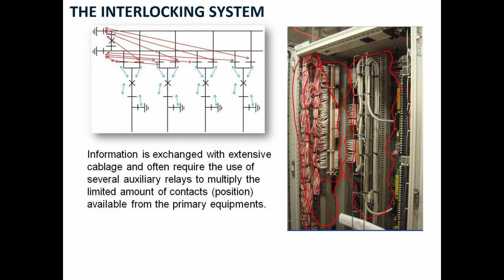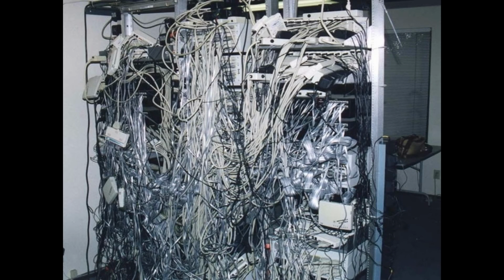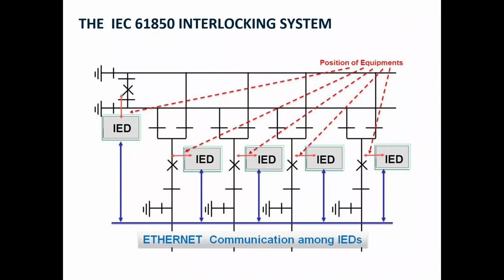Information is exchanged with extensive cables, and often requires several auxiliary relays to multiply the limited number of contacts available from the primary equipment. In this picture you can see the amount of copper cables used, and root cause analysis for any maloperation becomes very tedious.